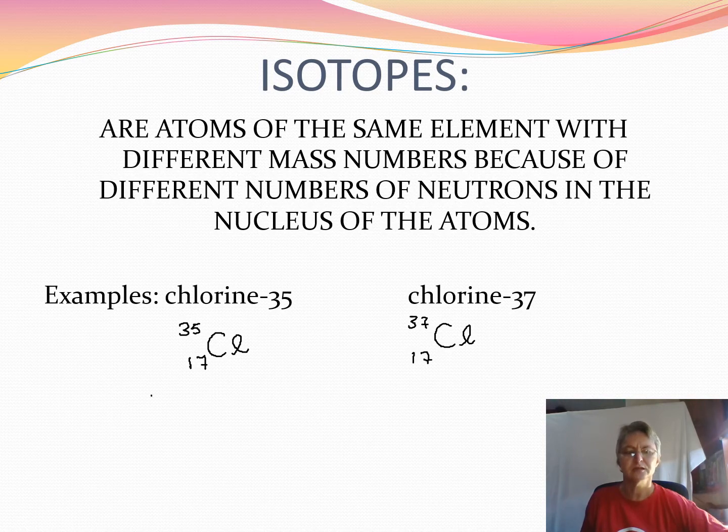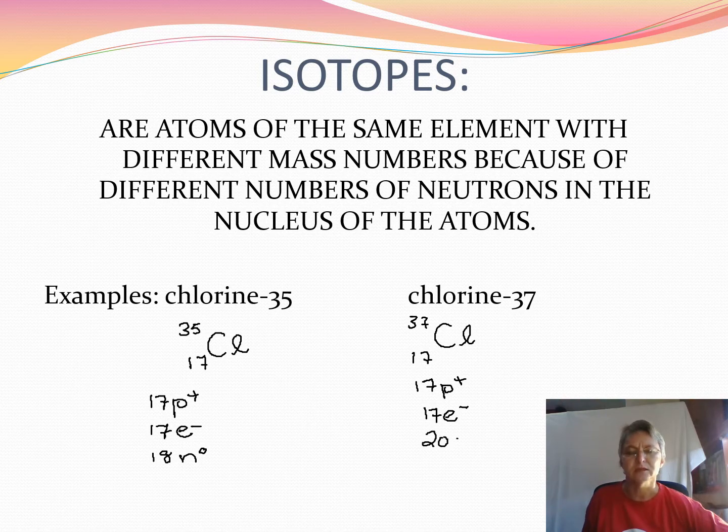So there will be 17 protons in the nucleus, 17 electrons around the nucleus, and 35 minus 17 will give you the number of neutrons, 18 neutrons in the atom. We do the same for chlorine 37, 17 protons, 17 electrons in the neutral atom, and there would be 20 neutrons. So the mass of the atom differs because of the number of neutrons.